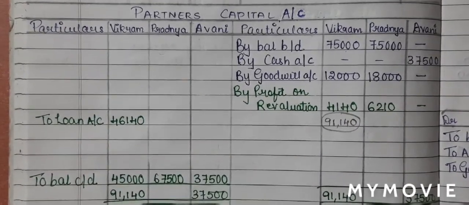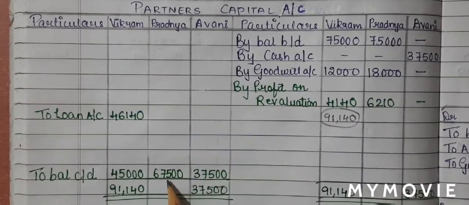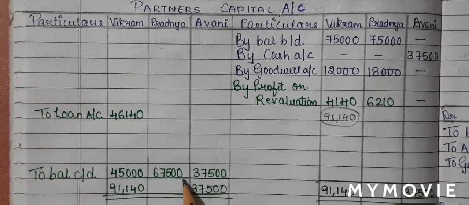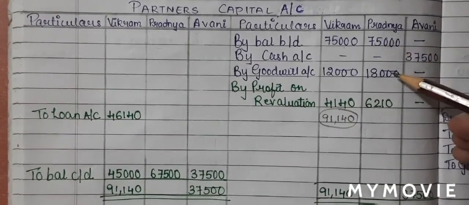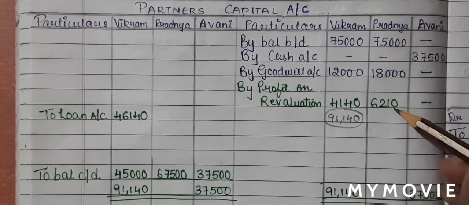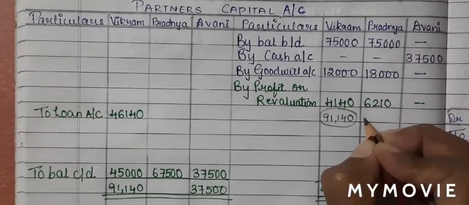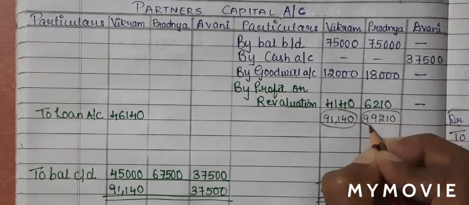In the same manner we will total Pradnya's column. For Pradnya on the debit side it is 67,500. Now let's see the credit side total. 75,000 plus 18,000 plus 6,210. So I get a total of 99,210.